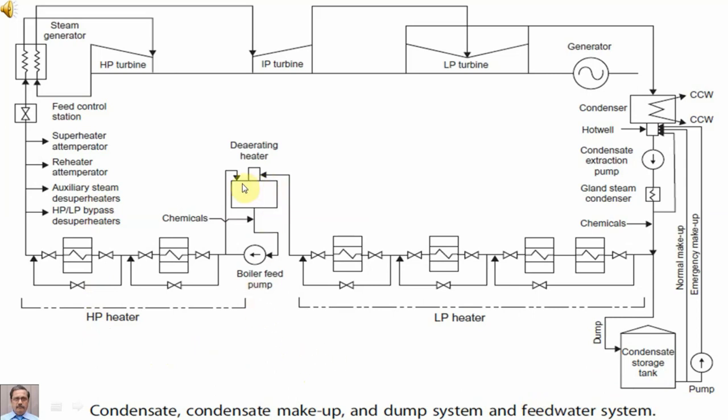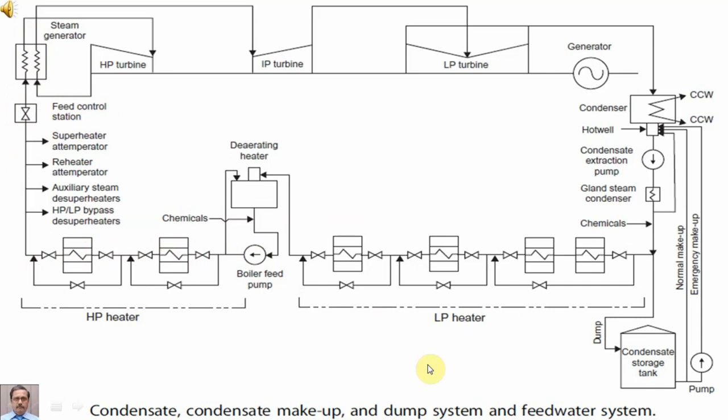Feedwater system starts from feedwater storage tank, from which feedwater goes through the boiler feed pump to HP heaters. Then it goes through the feed control station to the boiler.